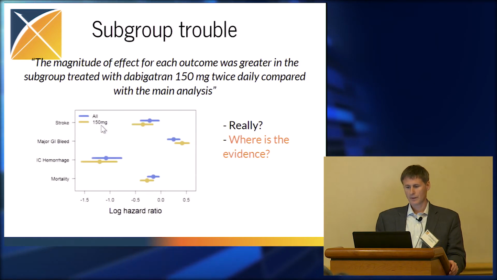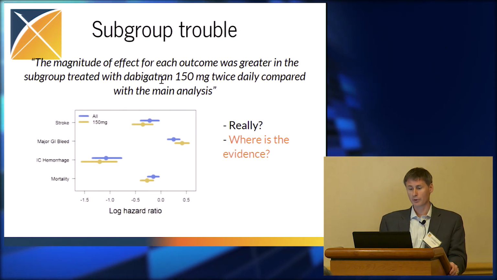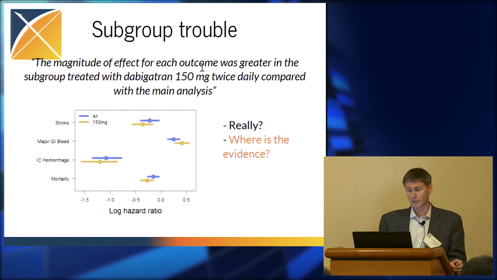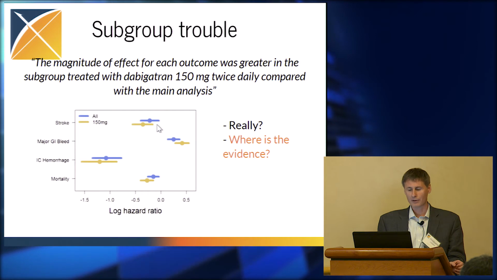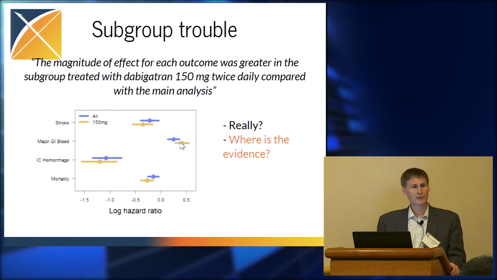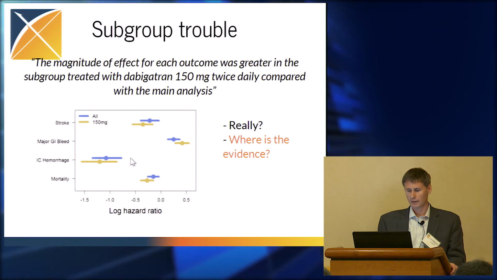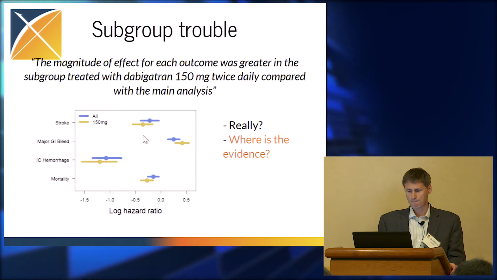And then this statement: the magnitude of effect for each outcome was greater in the subgroup treated with dabigatran 150 mg twice daily compared with the main analysis. So we've plotted their confidence intervals. Is it clear that there's a difference between the entire study and the 150 mg study? Perhaps not.